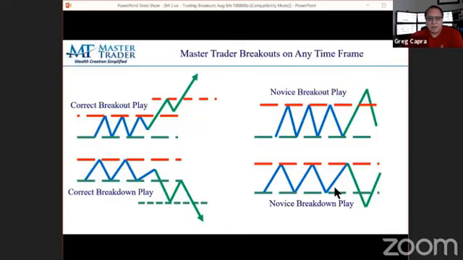And this is the key part to the high probability ones, the difference between correct and novice. The novice one is one in which it goes from the bottom of the consolidation and rallies all the way to the top to take it out.